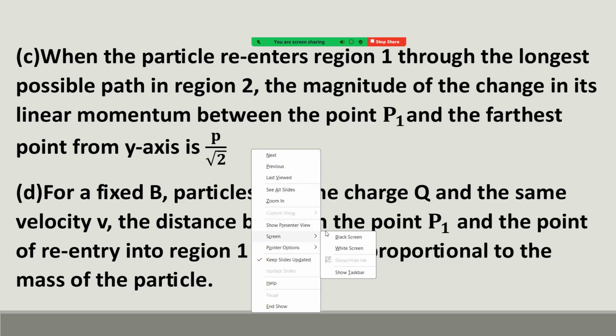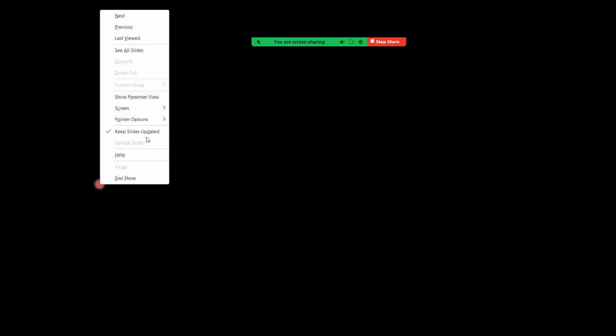Let us see. First of all, make the given diagram. See what is given here. First of all, the diagram.